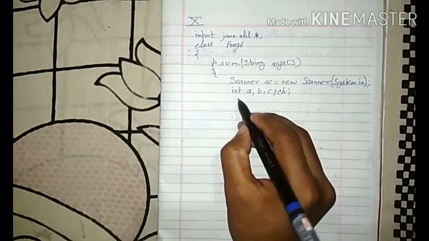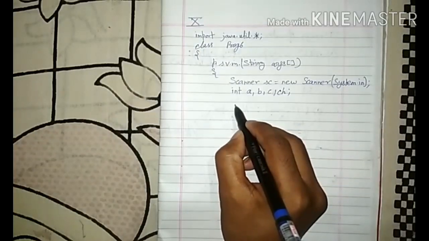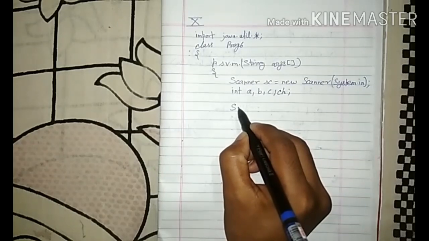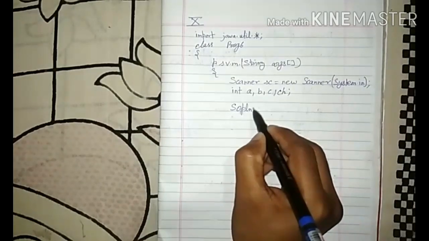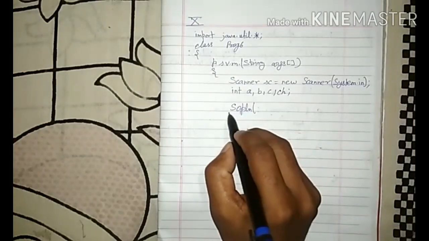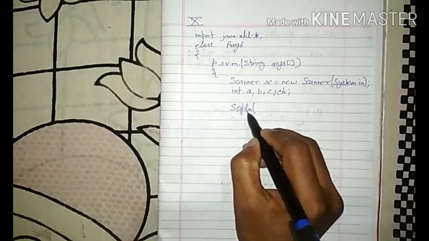After taking the variables, first we have to design the menu. Suppose I am writing sopln, in short form, it means System.out.println.